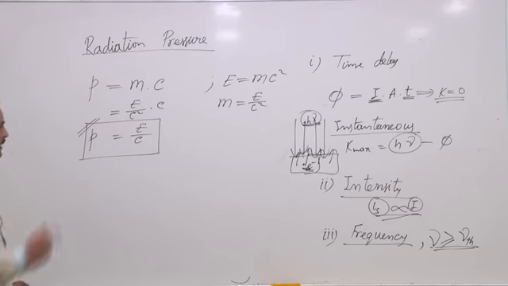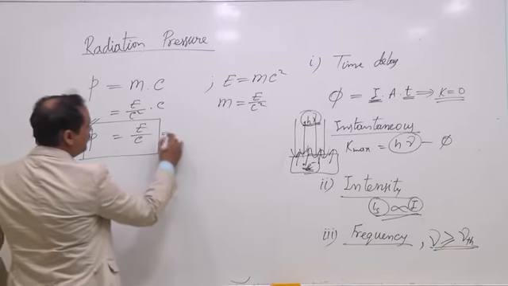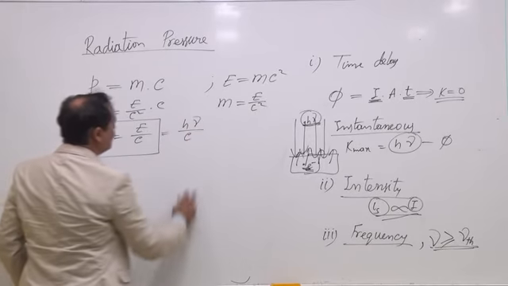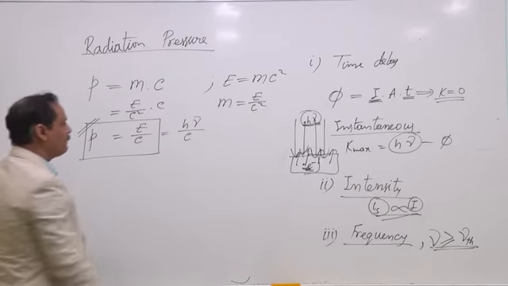Energy of the photon divided by the speed of light is the momentum of the photon. According to Planck's hypothesis, E = hν, so it is hν/c.